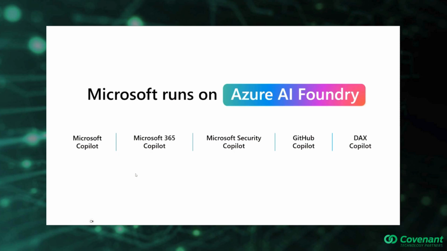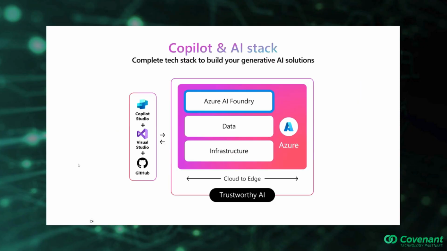So it is really important to understand that AI Foundry is what all of these solutions from Microsoft are running on. When we talk about Copilot or M365 Copilot, under the hood, that is built on top of Microsoft's Azure AI Foundry. So it isn't so much about contrasting these things as it is that they're better together in a lot of ways.